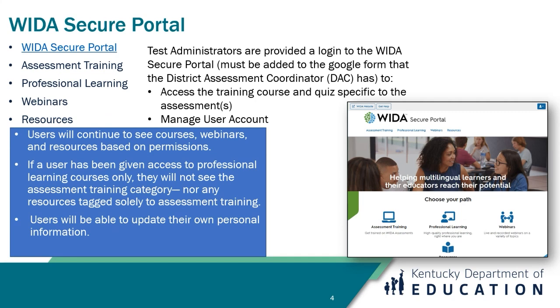And the next tab is professional learning. When you get an account as a test administrator, you also get access to the assessment trainings and to the professional learning that WIDA has. Those are e-learning courses that are self-paced, and you can get credit for the ones that you complete.